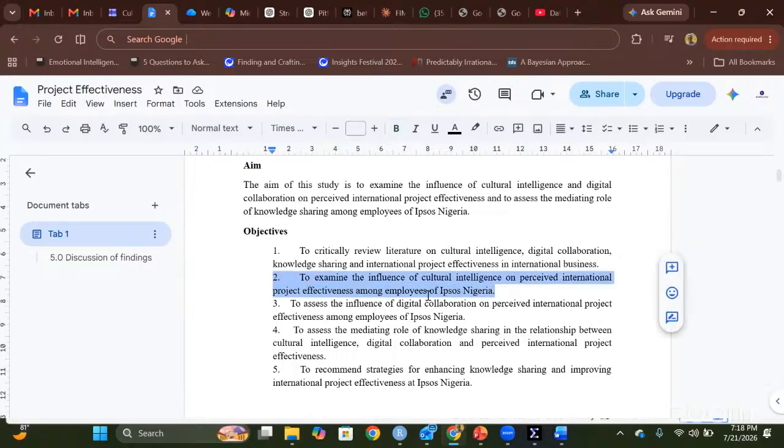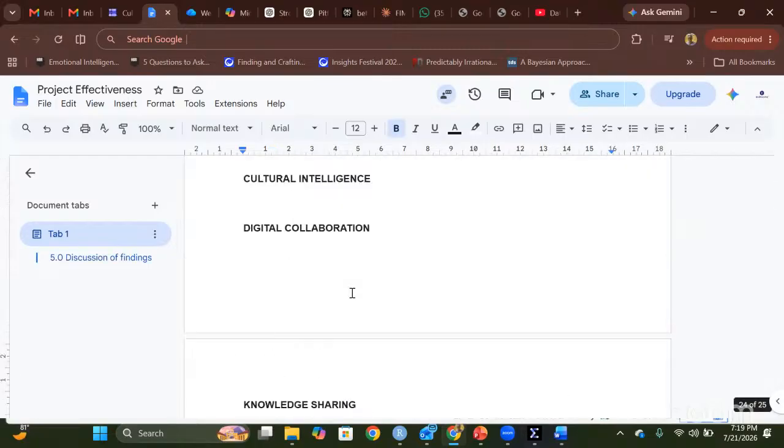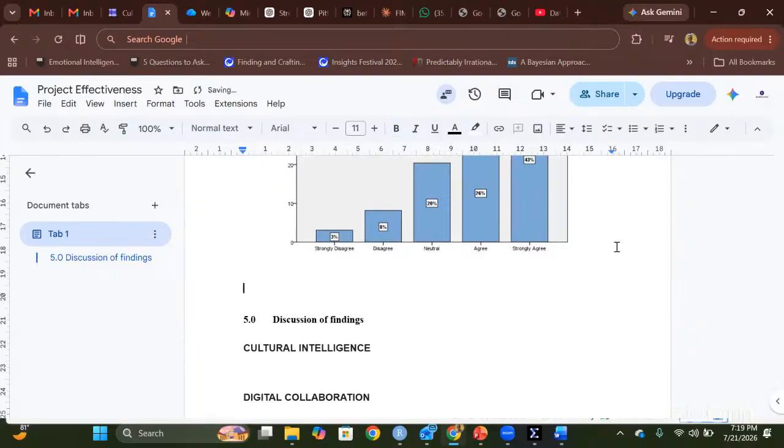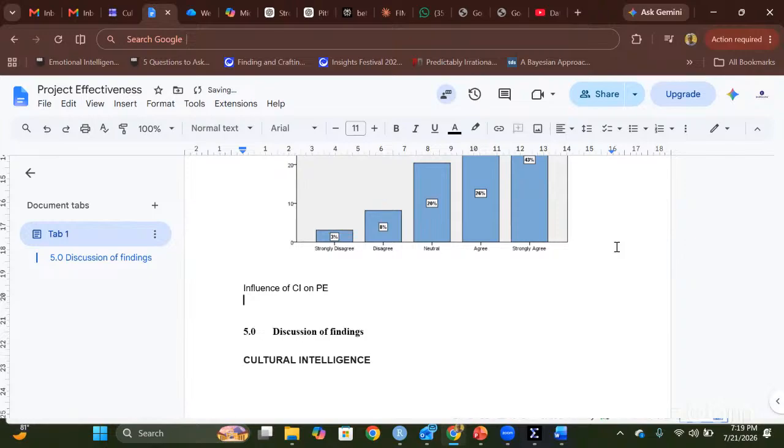No, because what we have just done is only cultural intelligence, independent, then passive international projects, then interdependent. The next thing we want to do is start picking under the results, because we are not done with our results yet. So, the influence of cultural intelligence on project effectiveness.